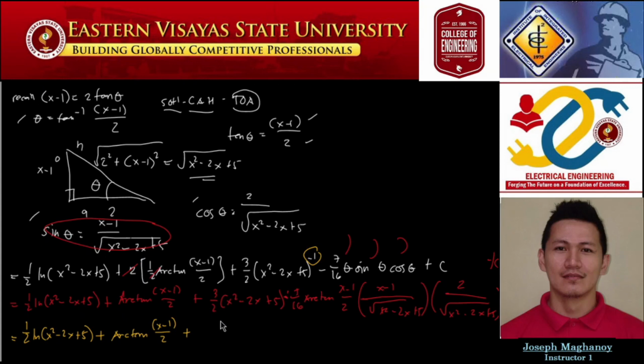So it will become 3 over 2 times x squared minus 2x plus 5, minus here 7 over 16 arctan of x minus 1 over 2, plus 2x minus 2 over x squared minus 2x plus 5, plus c.